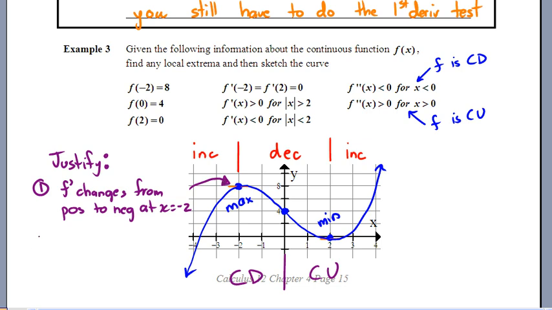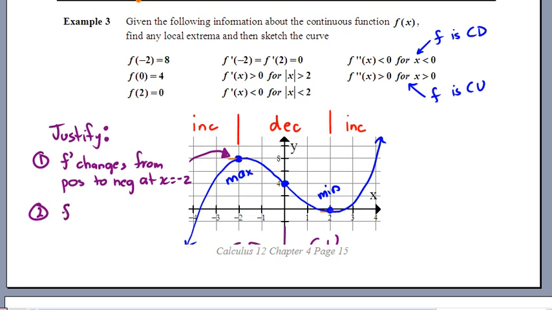Or another option, you could say, hey, f prime at negative 2 was 0. Oh, and f double prime at negative 2 was negative. That's another justification. So the first one is the first derivative test. You have to talk about a switching of the sign. And then the second one is the second derivative test.